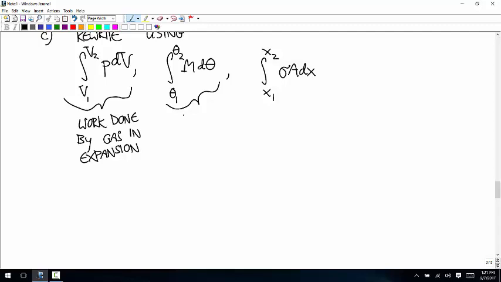This is the work done by a torque in rotation. This is the work done by a rod in tension.